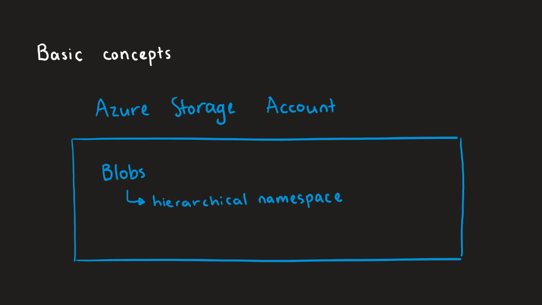In Azure Blob Storage, you didn't actually have folders. You would have things called virtual directories. When you were using the Azure Portal, it would look like you have folders, but those weren't actually folders. They were just a path added to the file name.